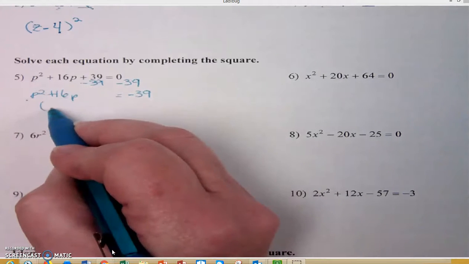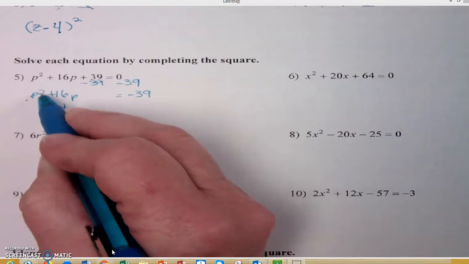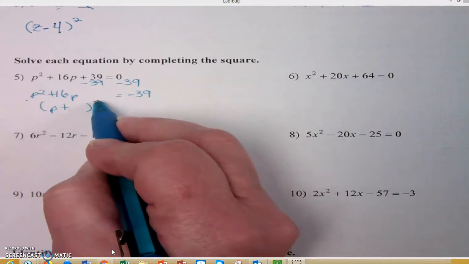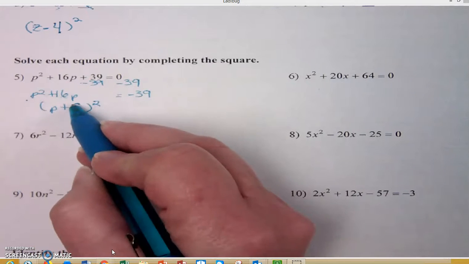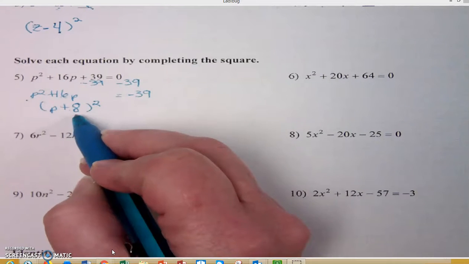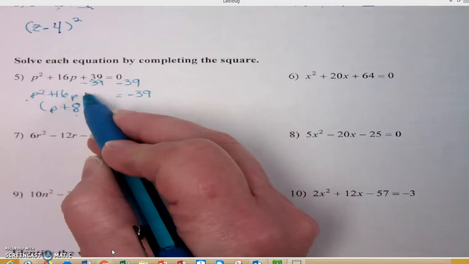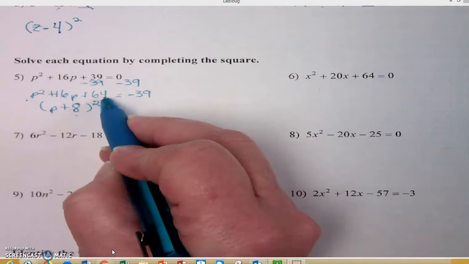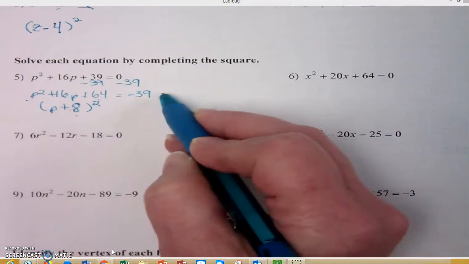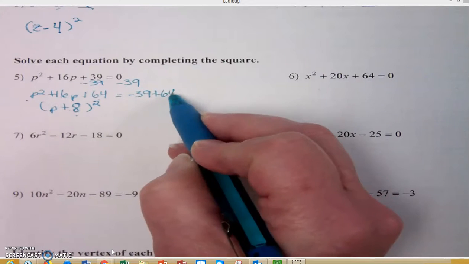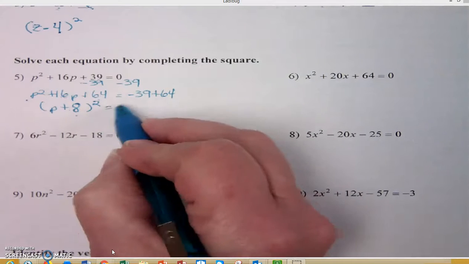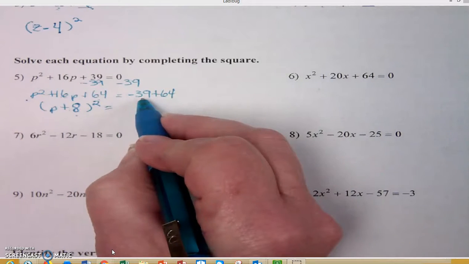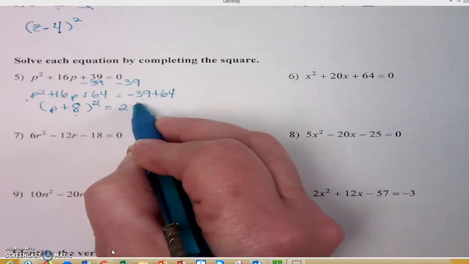I'm going to go ahead and write my factored thing, p plus something squared. So 16 divided by 2 is 8. I'm going to write that here. 8 squared is 64. If I add 64 to this side, I have to add 64 to that side. So I'm going to have p plus 8 squared equals negative 39 and a positive 64 will give me 25.